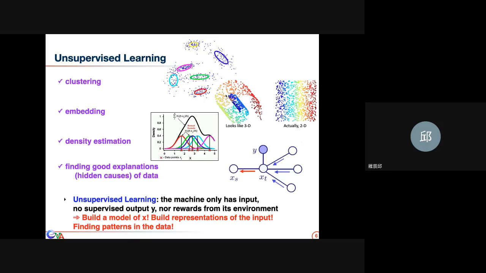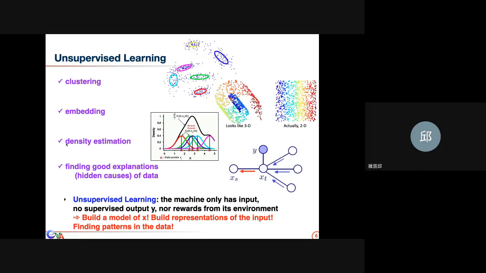Basically this is trying to find the embedding of your data set. You can think it's similar to projecting your data set from higher dimensional space into a lower dimensional space, but you try to keep some properties of your data set during such projection.